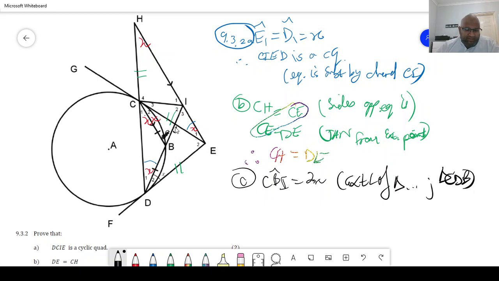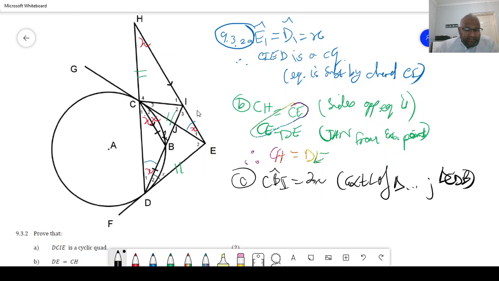So there's 2x here. Now if I can prove that I1 is also equal to 2x, then I've done the job. Then I can link those two angles together.